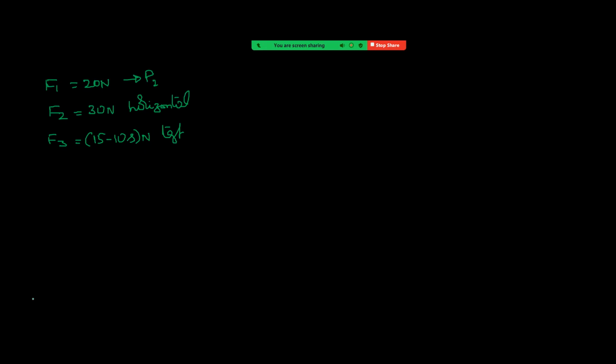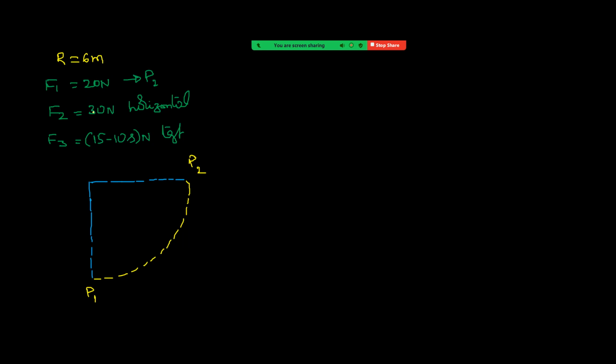Okay, let us make a diagram. Right. This is now P1 and this is P2. Radius is given R equal to 6 meter.